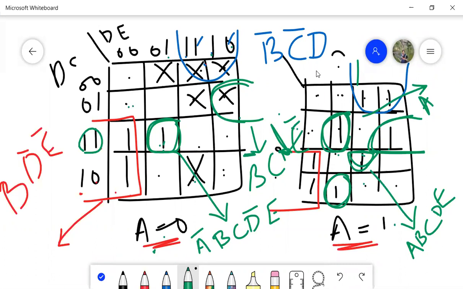So 1, 0, it will be A, B, C bar, and what I have on the top will be D, E. So it is D bar E.